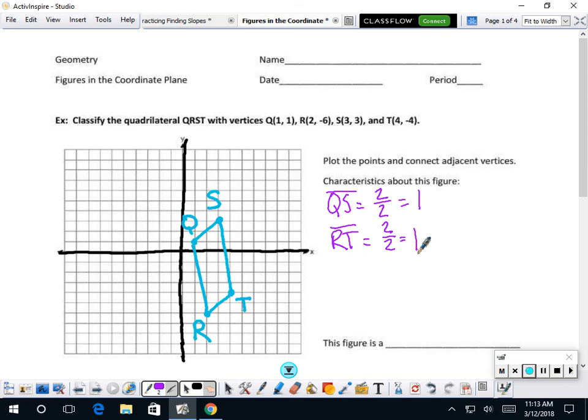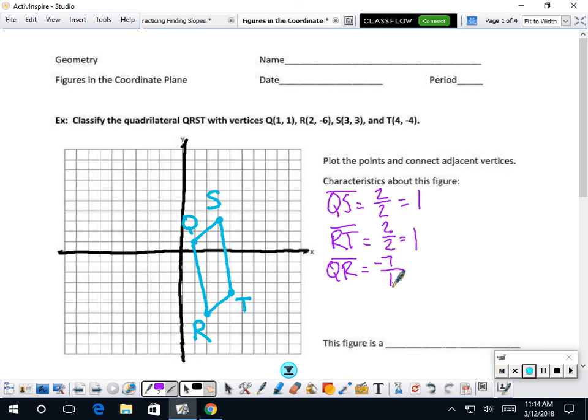Okay, let's look at the slope of the other 2 lines. So I have the other line, QR. Okay, and for this slope, I'm going to go down. So it's negative. So from Q to R, I go down 1, 2, 3, 4, 5, 6, 7. So negative 7. And then I run 1. So negative 7 over 1.